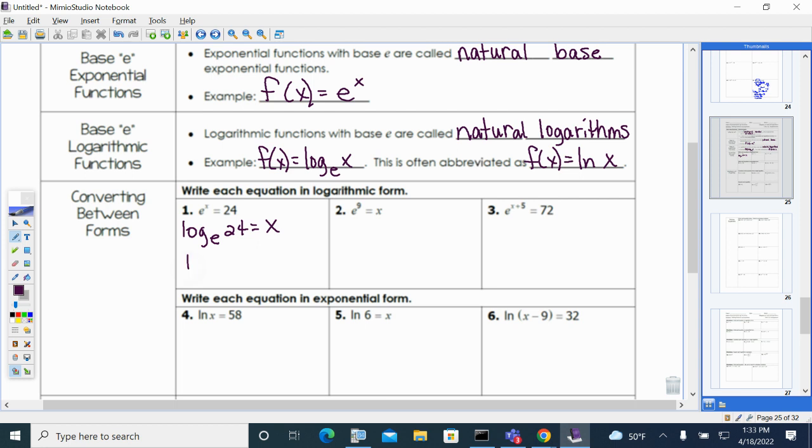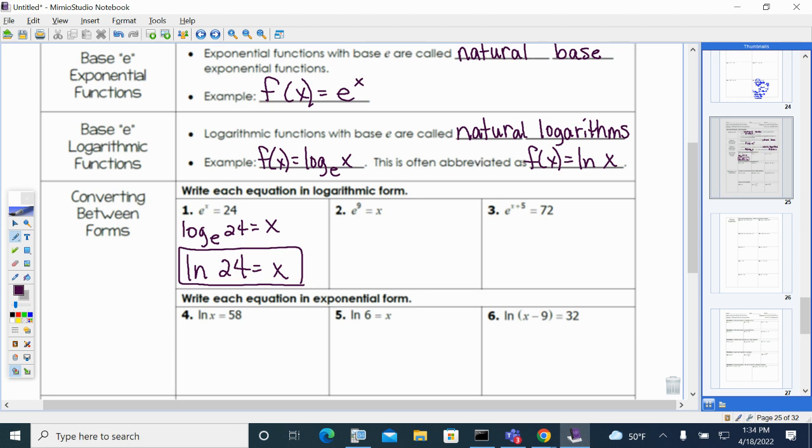So this is just natural log of 24 equals x. All of the rules that we learned in chapter 12 are also going to apply here in chapter 13. Lesson number 1 is going to include everything that we learned in chapter 12: how to convert from log form to exponent form to log form, condensing, expanding, solving, all of that is included in just this one lesson.